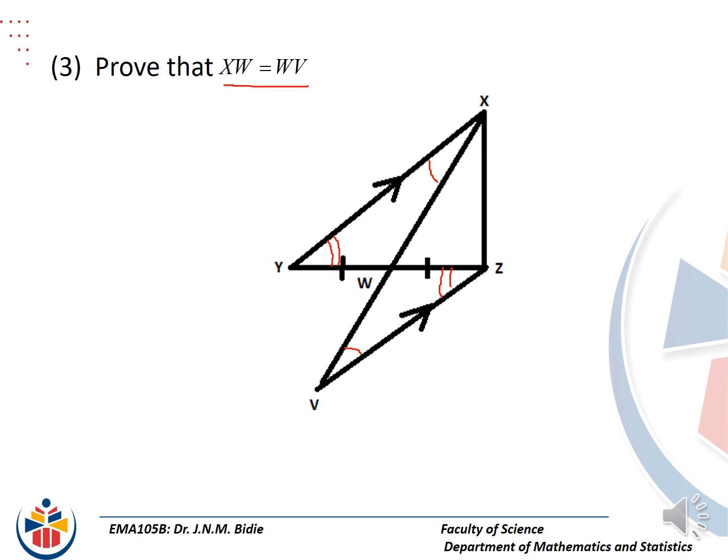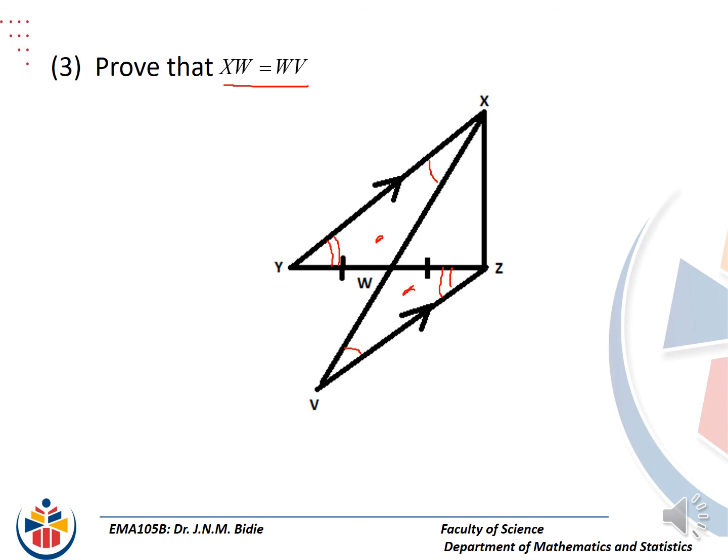Note that we are asked to prove that XW is equal to WV. So it means we're looking at that triangle and that triangle. So we already have two sets of angles equal and a side has been given. So we have angle, angle, side.